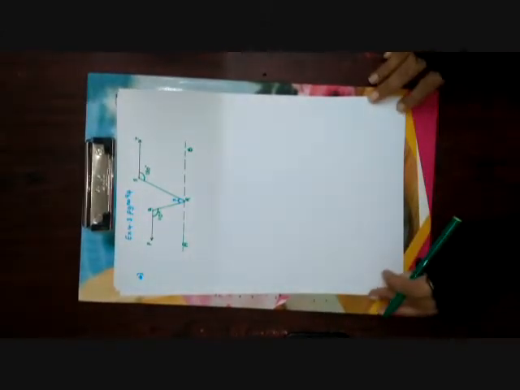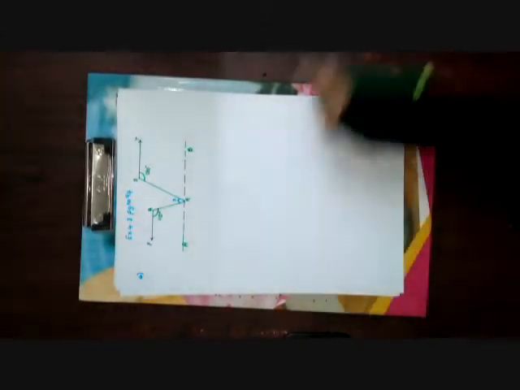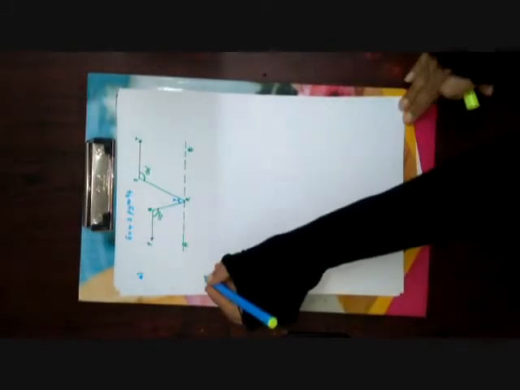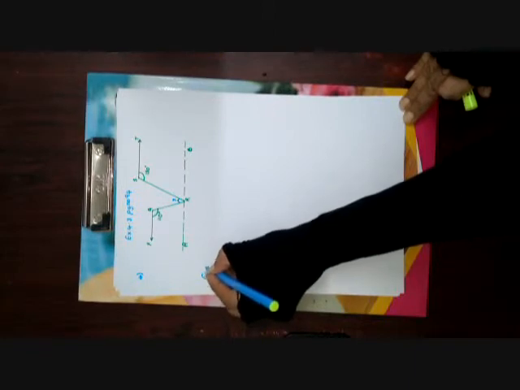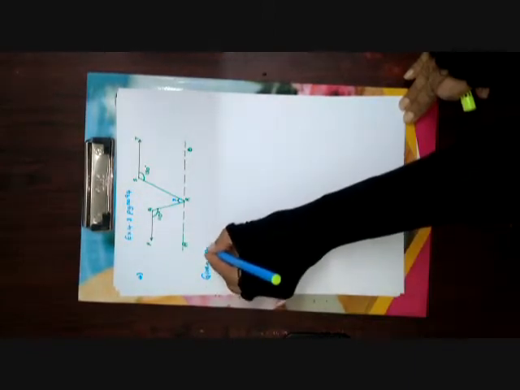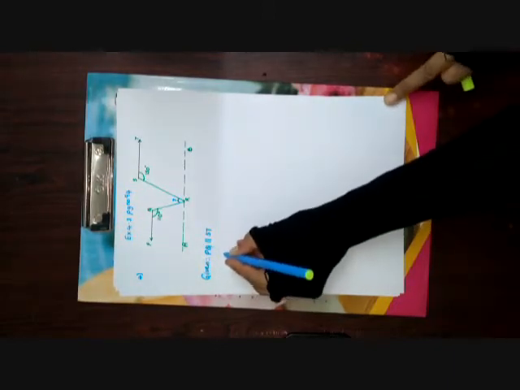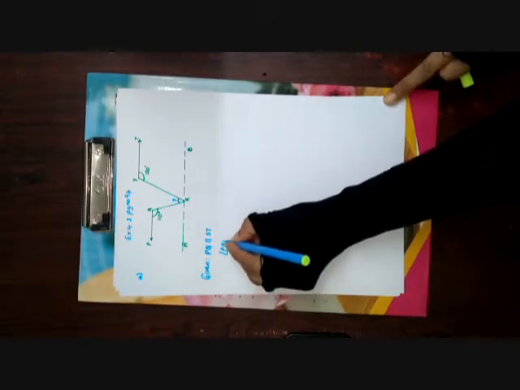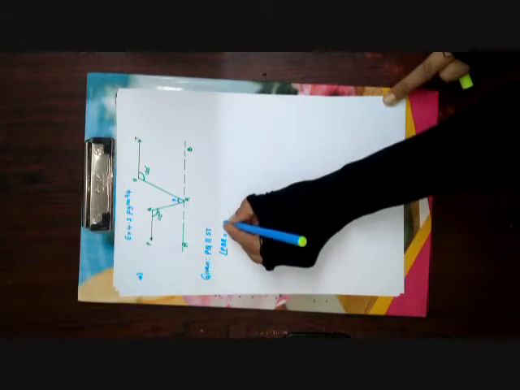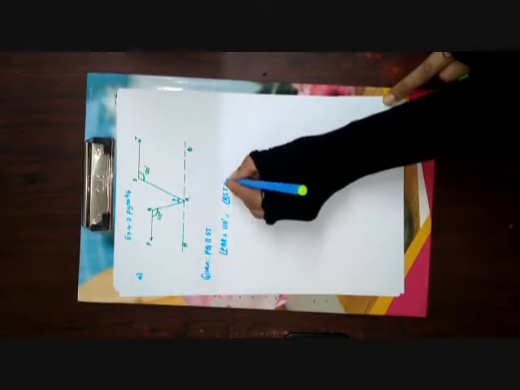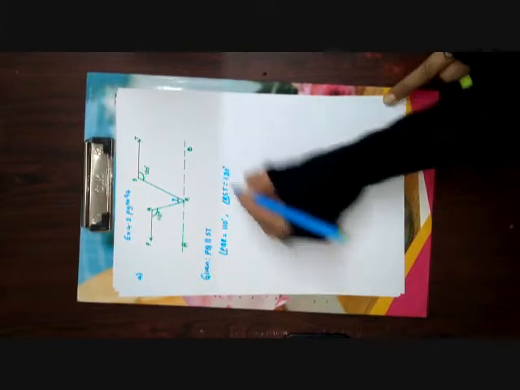Now let us see how we can proceed. For the first step, write what is given to you. Given: PQ is parallel to ST and angle PQR is equal to 110 degrees and angle RST is equal to 130 degrees.